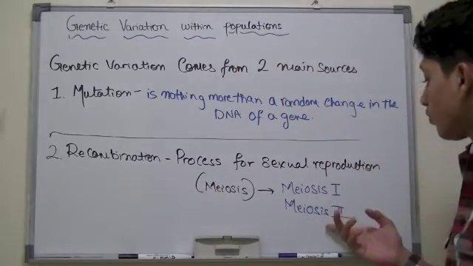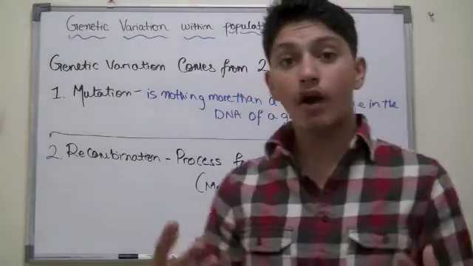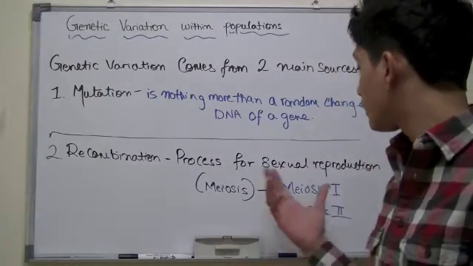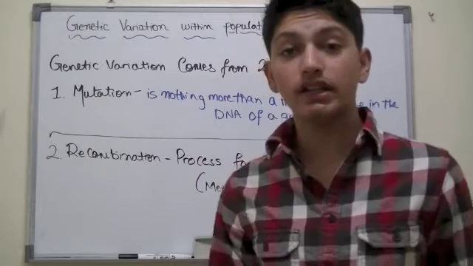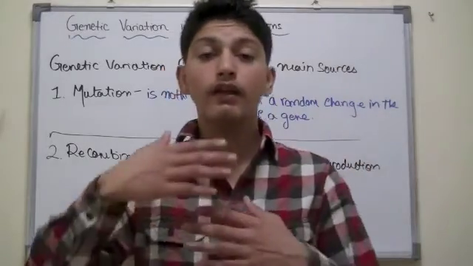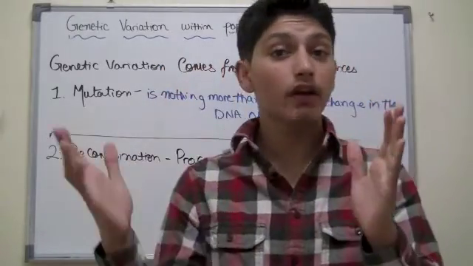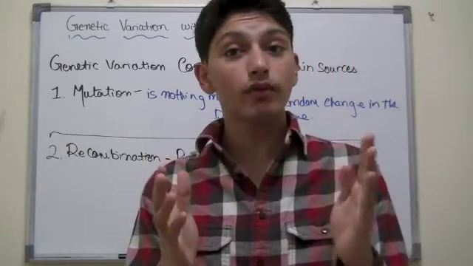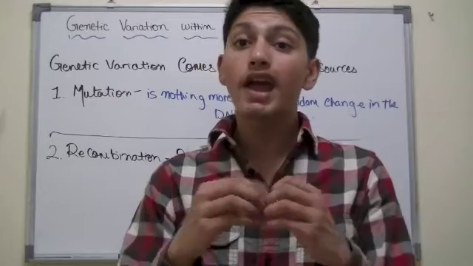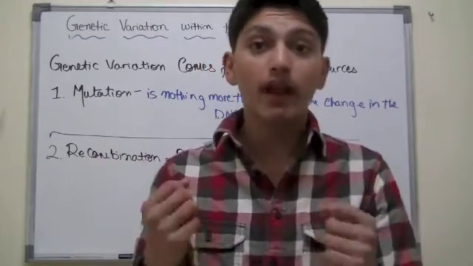Just to give you a hint, it's a process of splitting the sexual cells, which are gametes, like we talked about. It's splitting the male reproductive cell, which is sperm, and the female reproductive cell, which is ova, and trying to make an offspring out of it.